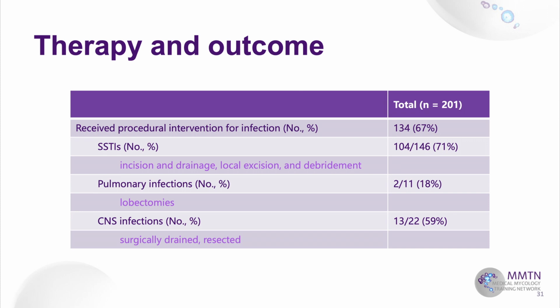For SSTI, it's 71%, with incision and drainage, local excision, and debridement. For pulmonary infection, 18% received lobectomy, and for the central nervous system, nearly 60% received surgical drainage and resection.